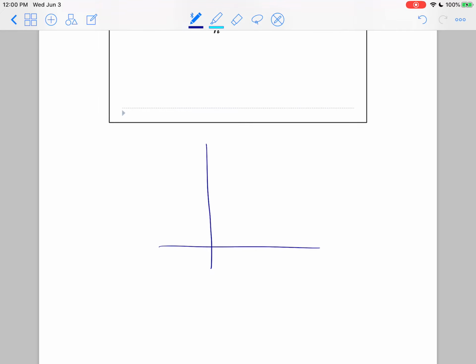If we think about a graph, and let's call this x. Normally we'd have our x1 and some x2. So we have our x1, we have our x2, and if we wanted to find the average rate of change between these 2 points, which is the slope of this line, we would do the change in the y value.